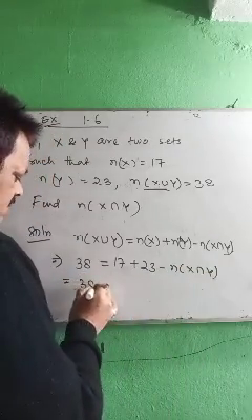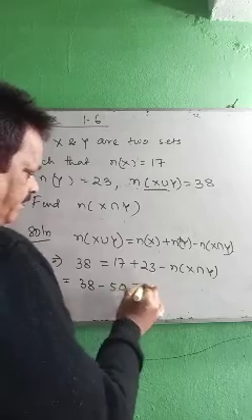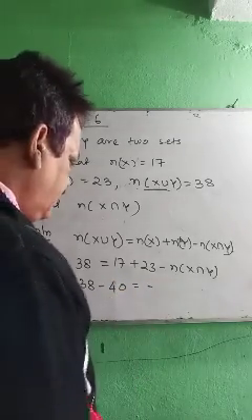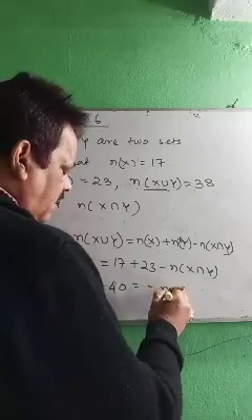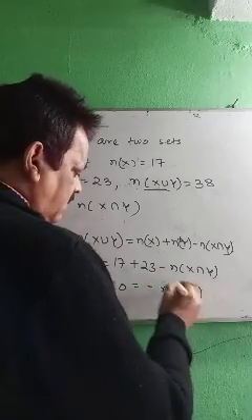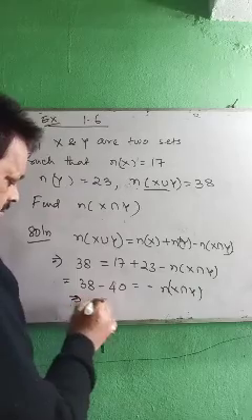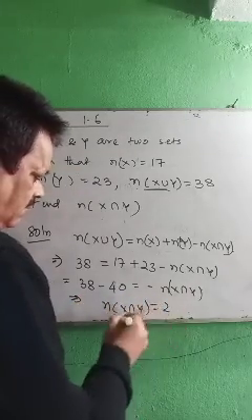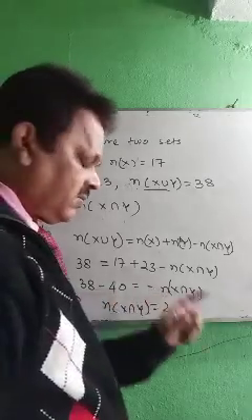So 38 minus 40 gives minus n(X intersection Y). This implies n(X intersection Y) equals 2, because minus will come here, minus will come here.